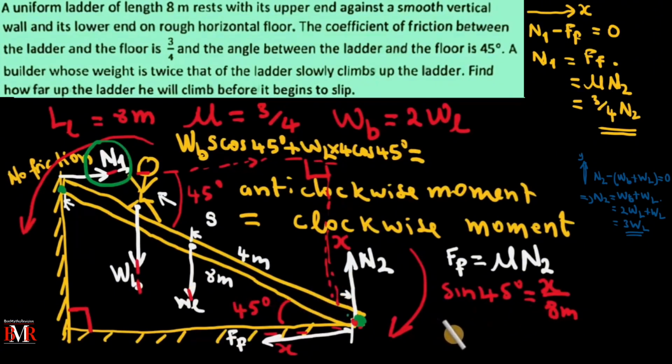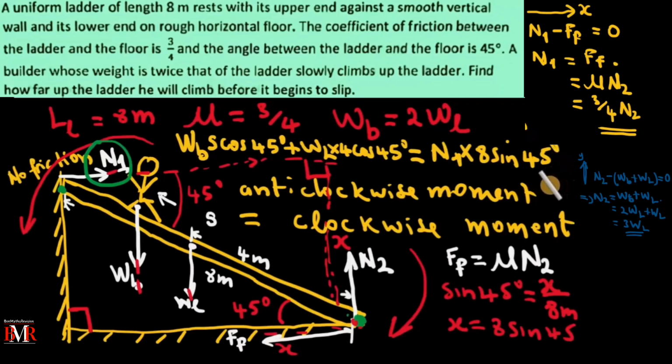So this side, x, will be equal to 8 times sine 45 when I do cross multiplication. Then the moment of N1 from this turning point will be N1 times the perpendicular distance, which is 8 sine 45. That is N1 times 8 sine 45 degrees.